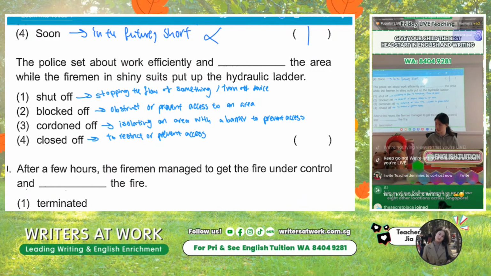So it might not be the most applicable in this case. So let's just cross it out. Now, blocked off. The police set about work efficiently and blocked off the area. Okay, so that is a possibility.